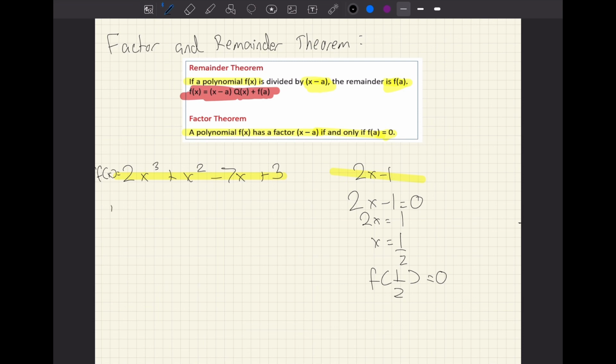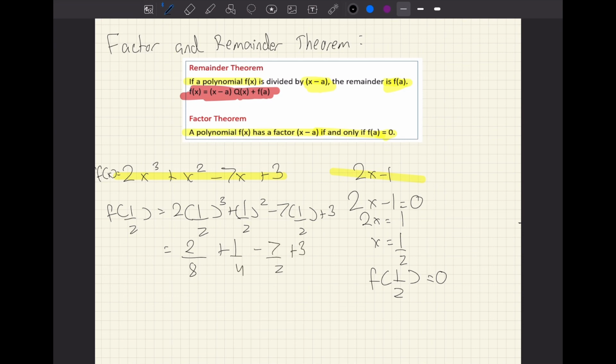Let's show that. f of 1 by 2 is equal to 2 times (1 by 2) cubed plus (1 by 2) squared minus 7 times 1 by 2 plus 3.